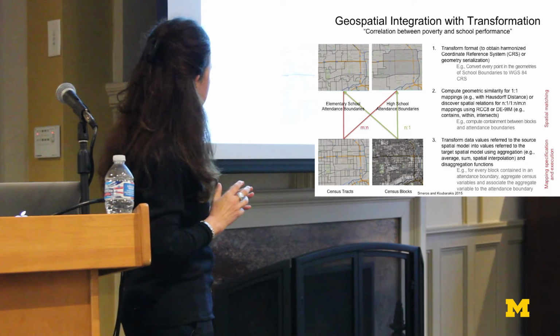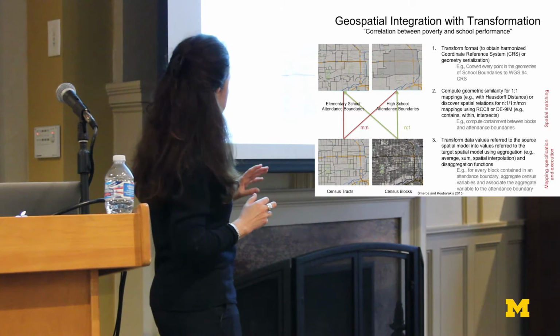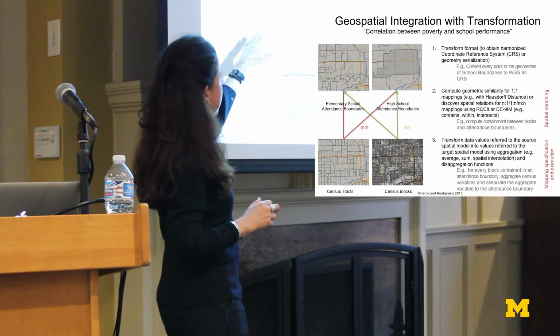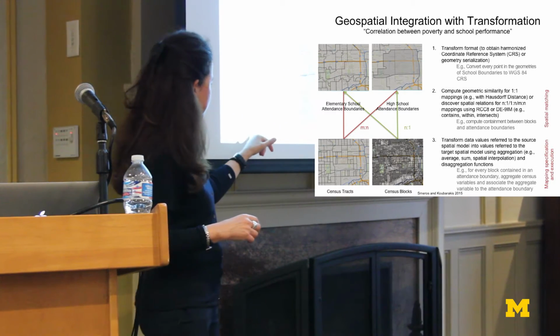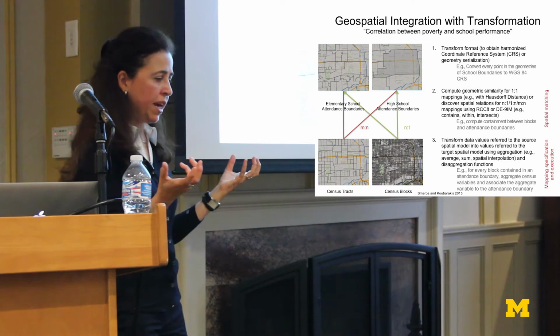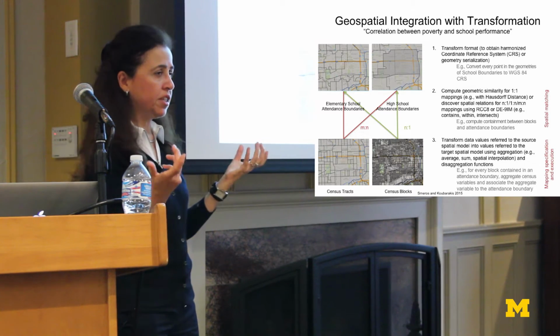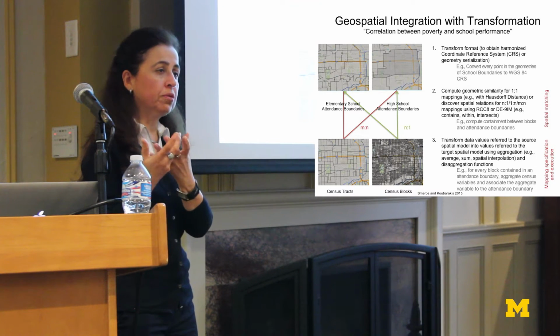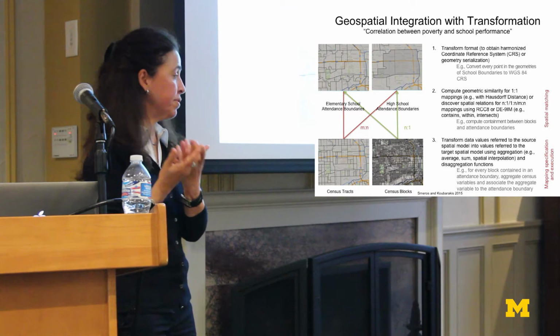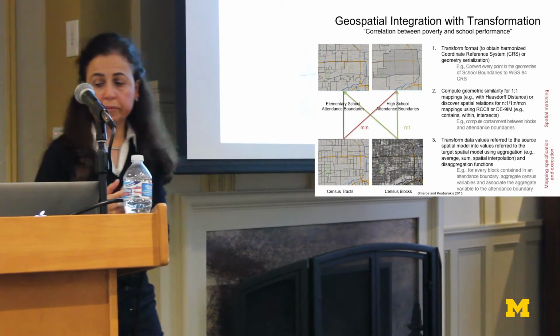So the difficulty here is when we have many-to-many relationships. So one area of, say, one census tract corresponds to many regions in the school district and vice versa. So one school district will also overlap with several census tracts.